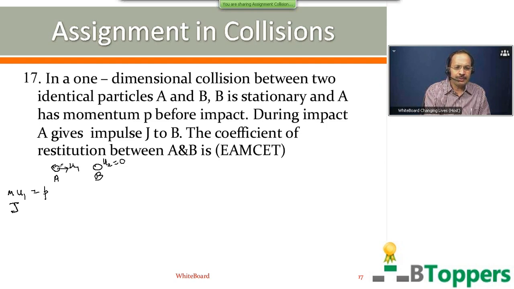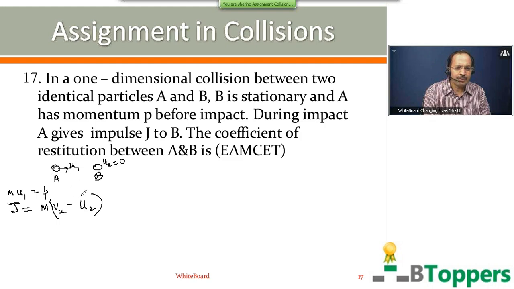Of course, the impulse given to A by B will have the same magnitude but in the opposite direction. So the impulse given to B by A is equal to the change in momentum of B. Change in momentum of B is the final momentum of B minus the initial momentum of B, that is mv2 minus mu2.